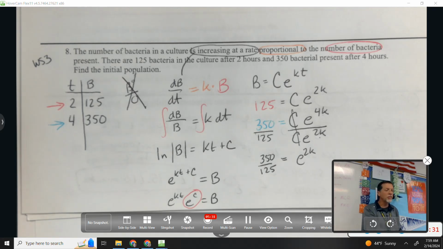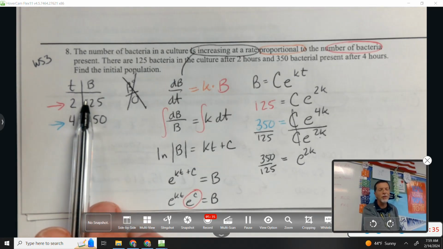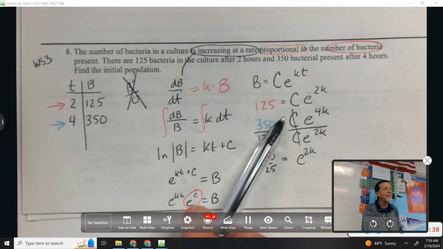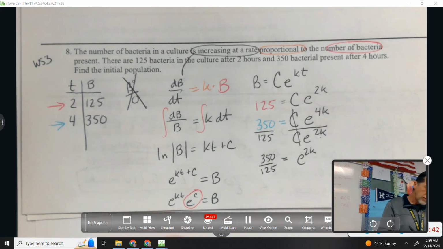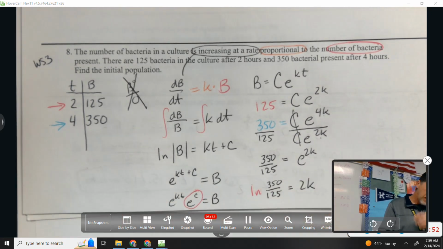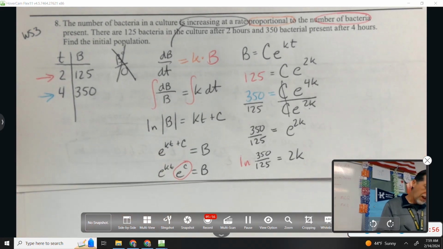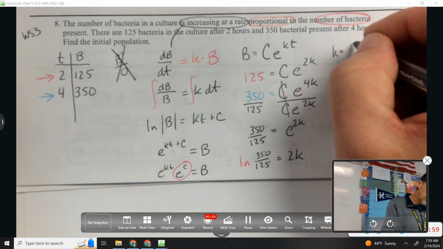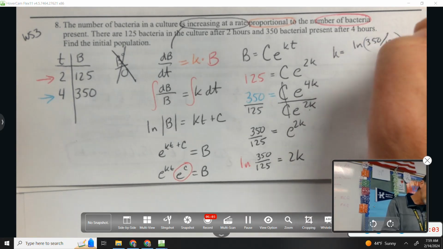And that all started with, you recognized it early on that they didn't give you a 0, which meant this was going to be a pain. And that's the pain that not giving you a 0 caused. So let's natural log both sides. So k equals, this is going to be a calculator thing, and I will leave it in the calculator.